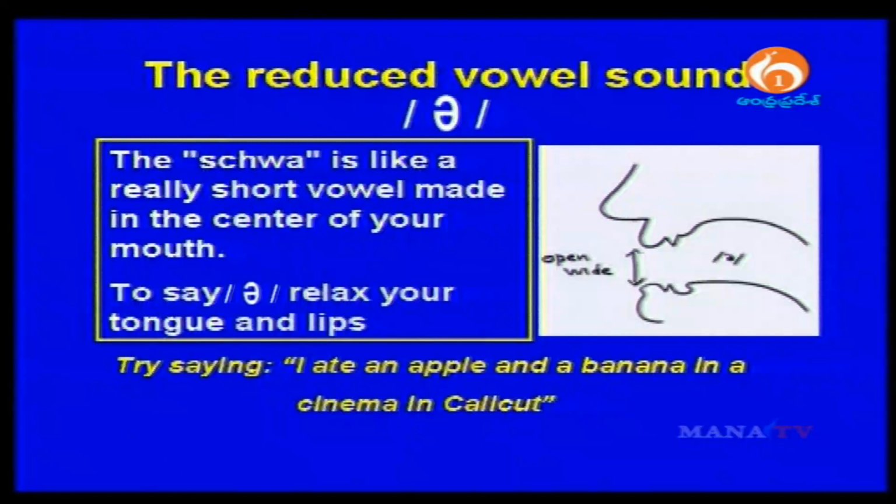Alright? Try and say the sentence along with me. I ate an apple and a banana in a cinema in Calicut. Where do we have the sound? Apple, that's the other sound, but the second syllable has the schwa.